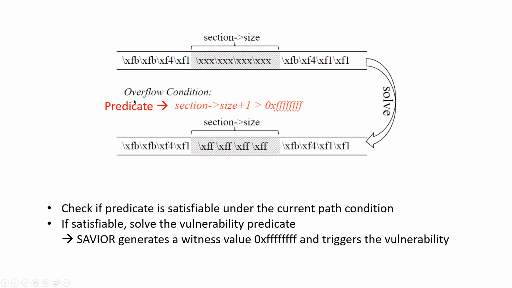So actually this predicate is satisfiable under the path condition. Yeah. So if it is satisfiable, then it will generate this input and trigger the vulnerability through the test case. Okay. Yeah. So this is fairly straightforward.